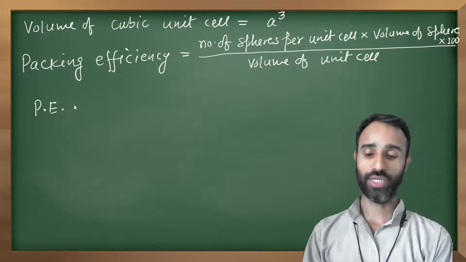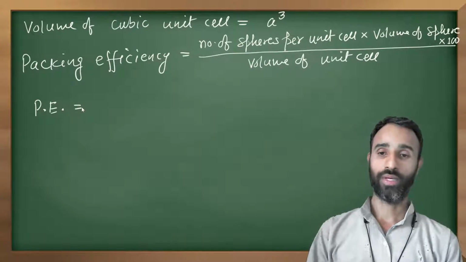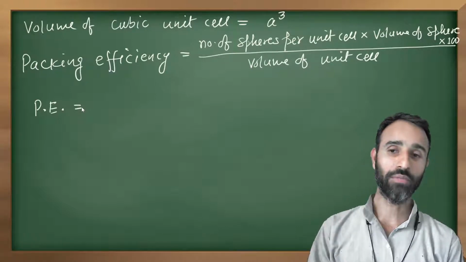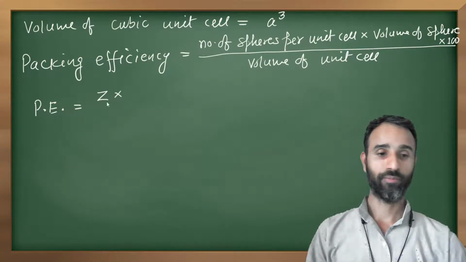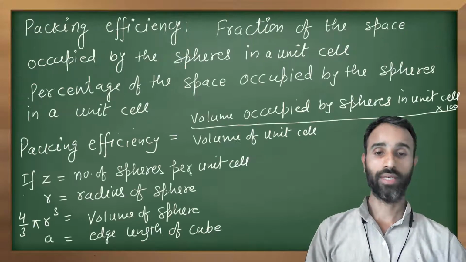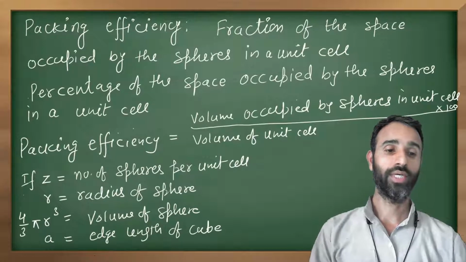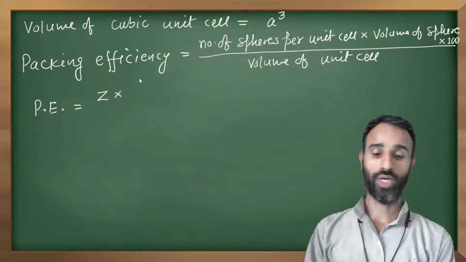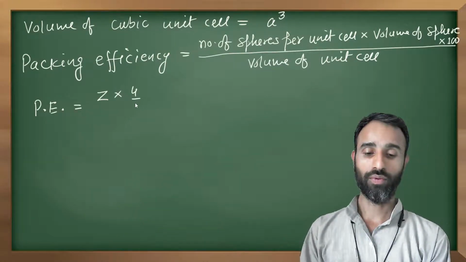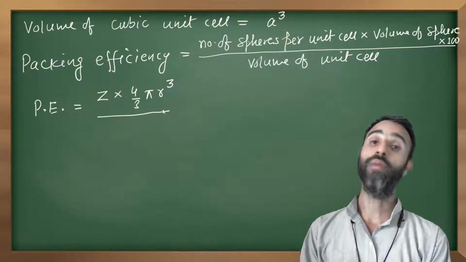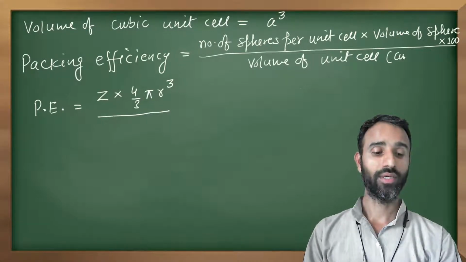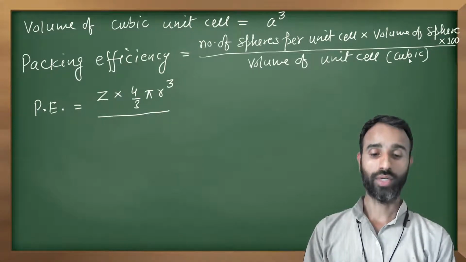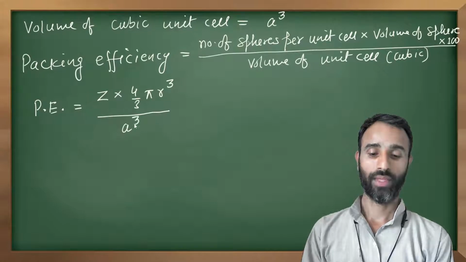Now packing efficiency, I write the short form, PE, is equal to Z, the number of spheres per unit cell, and the volume of each sphere 4 by 3 pi r cube divided by the volume of unit cell, and that unit cell is cubic, so it is a cube.